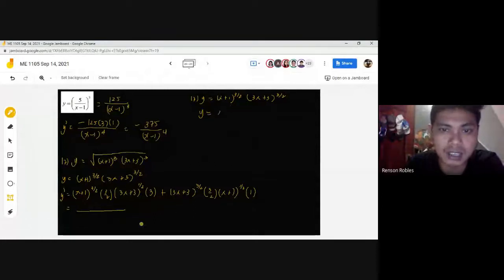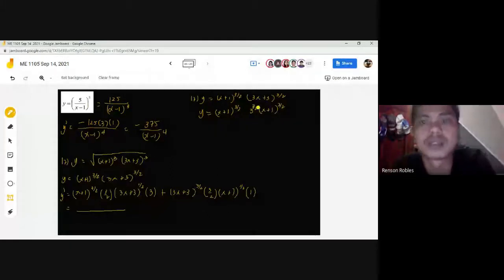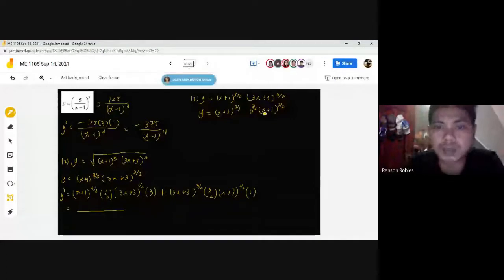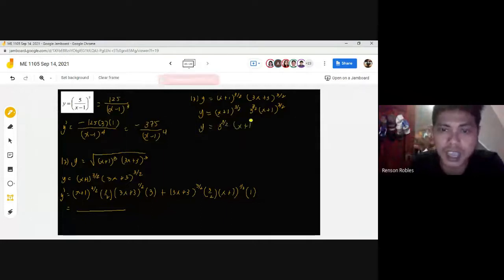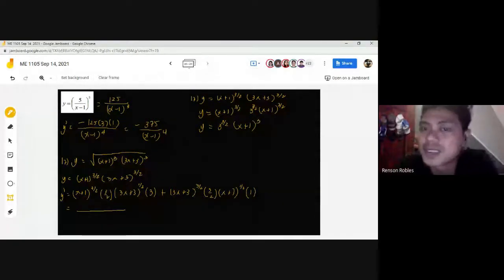X plus 1 raised to 3 halves, and then you factor out 3 here, 3 times x plus 1, then raised to 3 halves. And then you can see, x plus 1, 3 halves, 3 raised to 3 halves. Then x plus 1, 3 halves plus 3 halves. What is 3 halves plus 3 halves? 6 halves, 6 over 2, and that is 3.